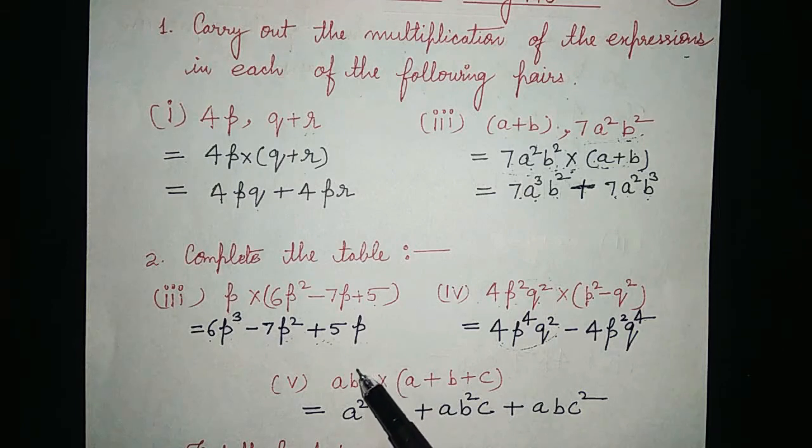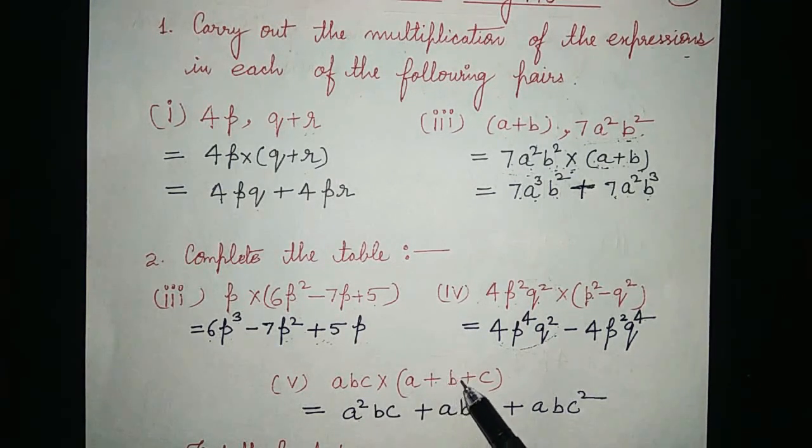Here we will multiply ABC first with this first term of the trinomial. A into A square, and then BC we will write. Plus sign we will put. Now ABC we will multiply with this B. Then what will come?